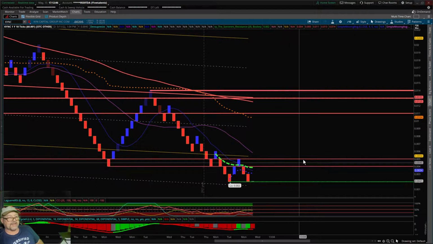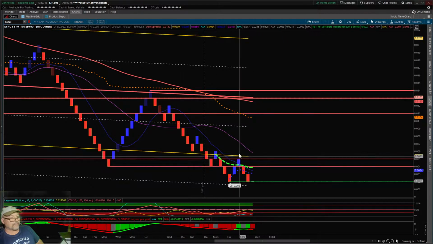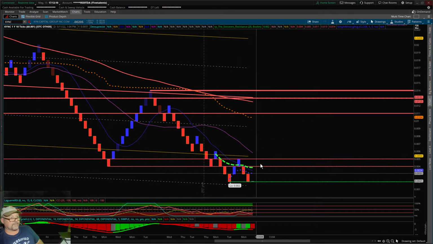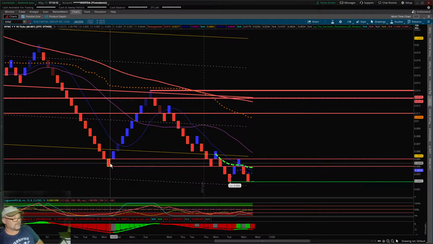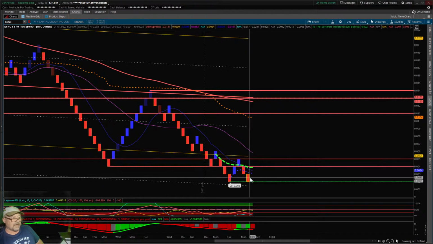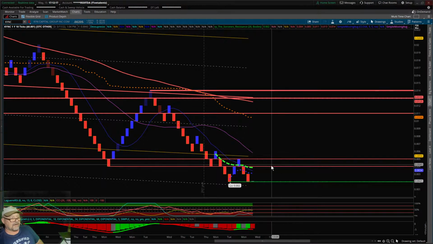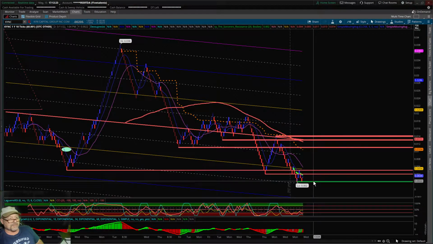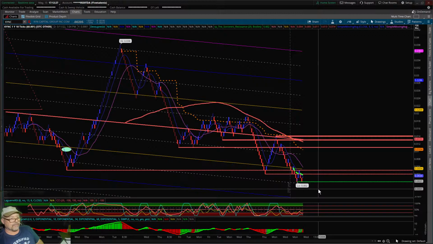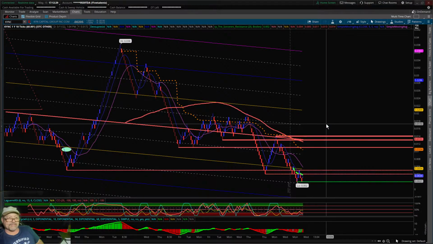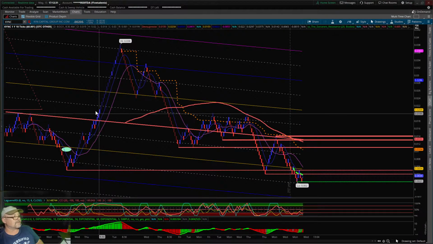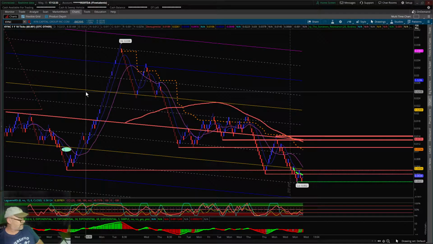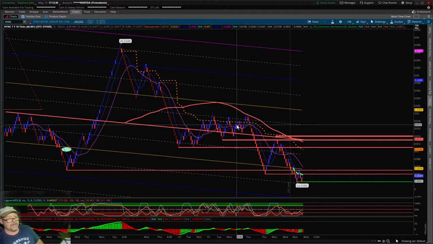I like to get in there and then enjoy the rip up and just move my stop loss up after it sets another low. So, this one's tricky. It's something to keep an eye on. If you get down below the 002 level, then you're looking at it going down quite a bit. So that's what I have with KYNC.